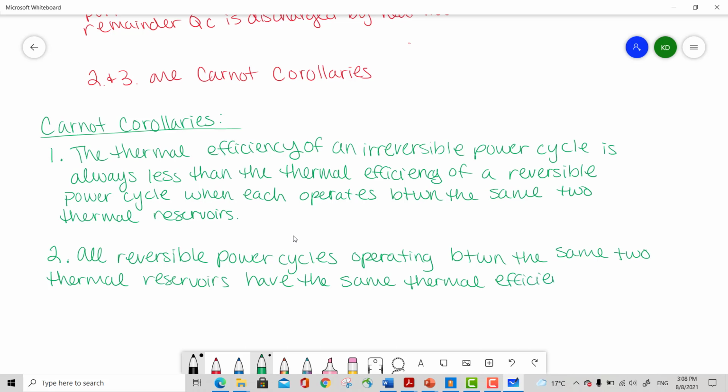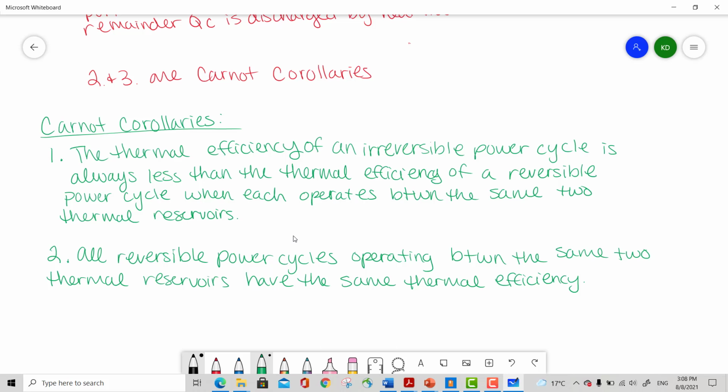And this should also sound like common sense, even if you can't quite put the words of why together. So let's just read it again. All reversible power cycles operating between the same 2 thermal reservoirs have the same thermal efficiency.